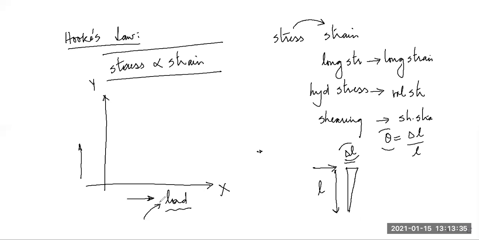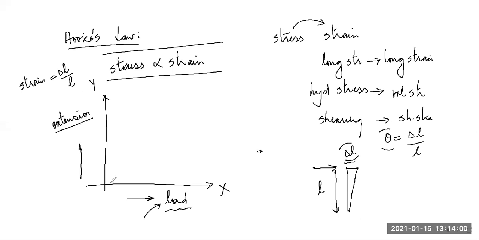Load applied is on the x-axis, maybe in newtons. And then extension. What is extension? Extension will tell you the strain because we know strain is extension, delta L by L. So this extension will tell you what is strain.